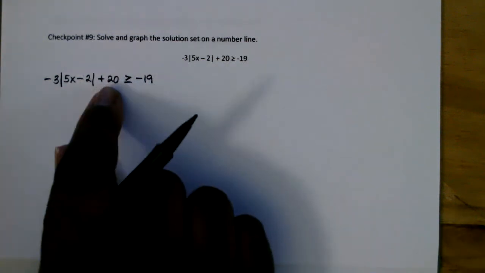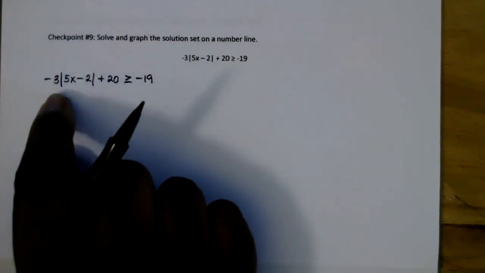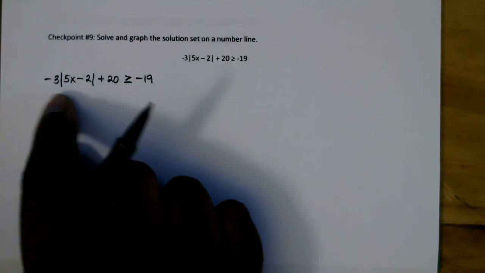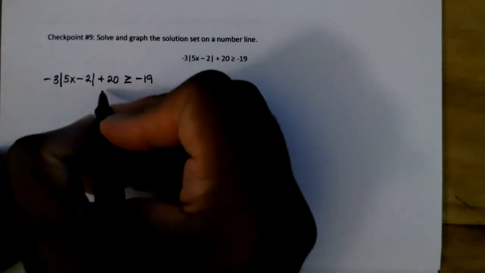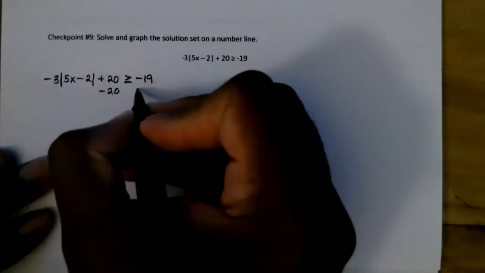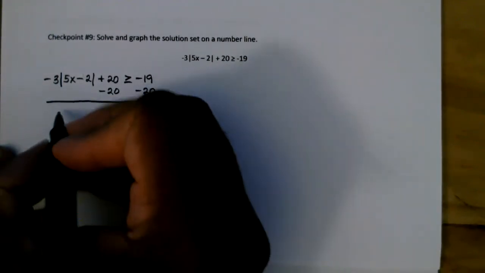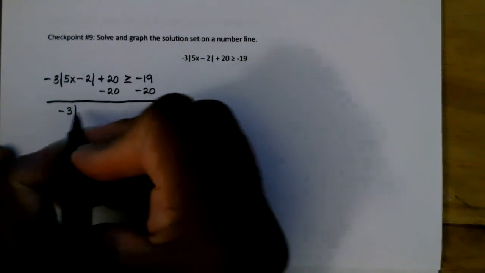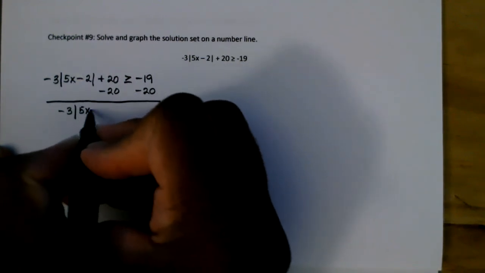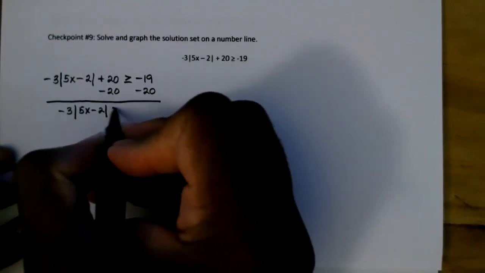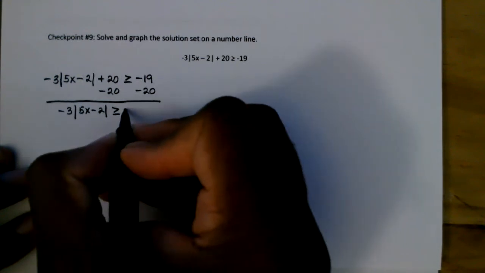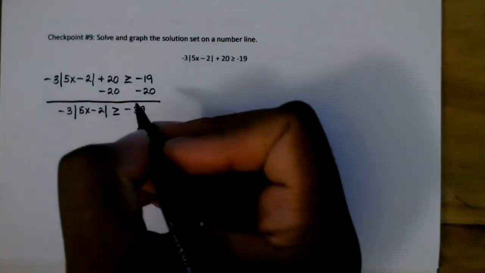That means I need to get rid of the plus 20, and I need to get rid of the -3 that's in front. I'm adding 20, so I need to subtract 20 on both sides. So I have -3 times the absolute value of 5x minus 2 is greater than or equal to -39.